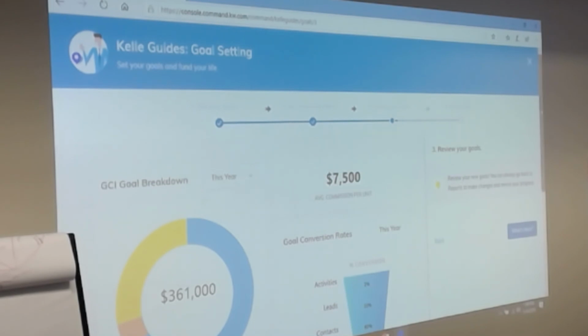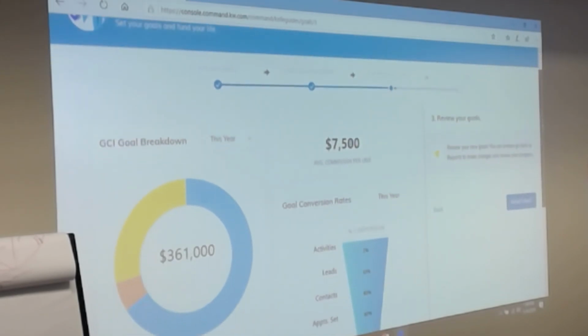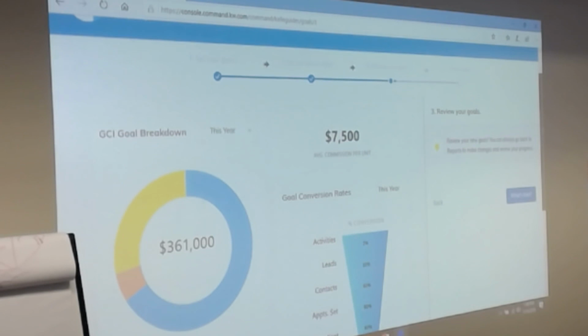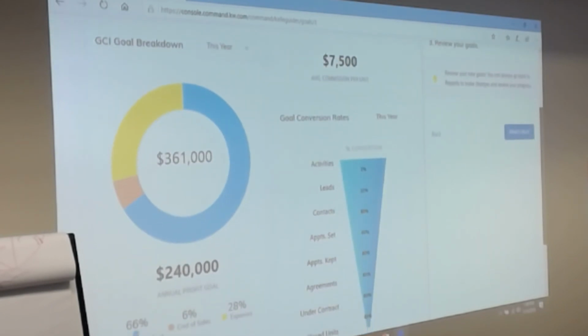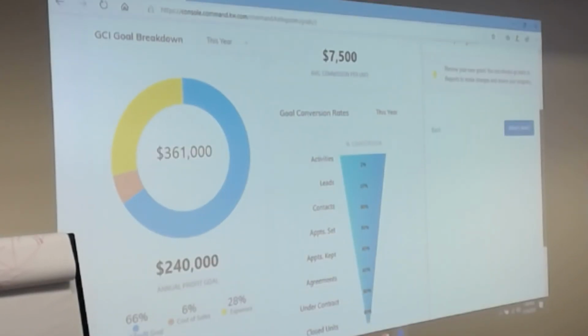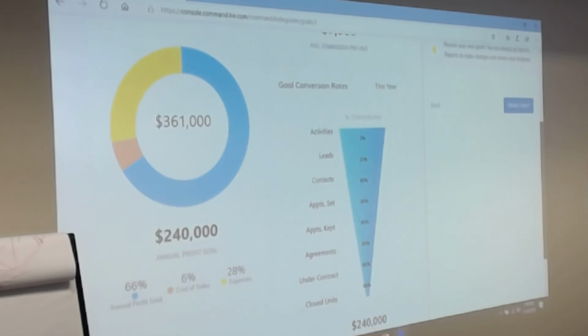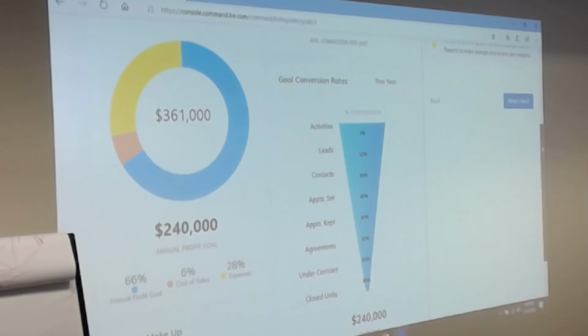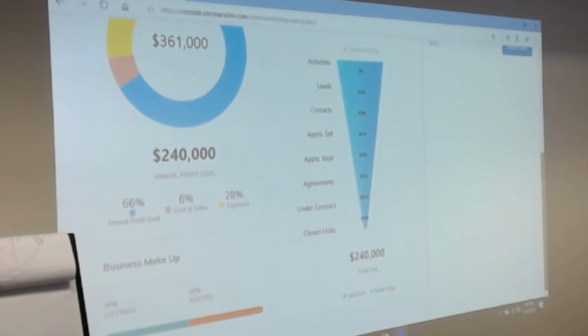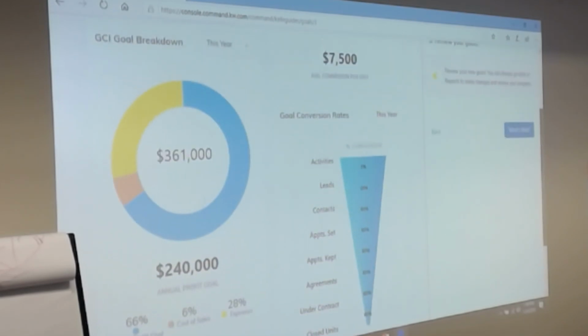So if you put all that stuff in, then this thing calculates, and it says I have to generate $361,000 of GCI to net 240. And then as the year progresses, you'll be measuring where you are at any point in time throughout the year.